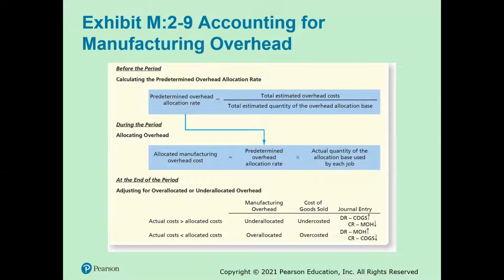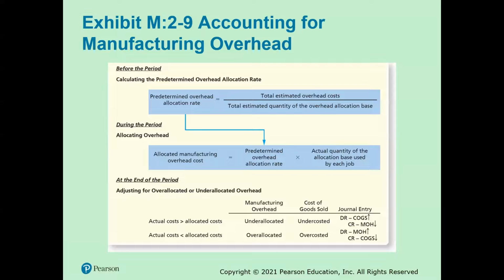Before the period, calculating the predetermined overhead allocation rate: the predetermined overhead allocation rate equals the total estimated overhead cost divided by the total estimated quantity of the overhead allocation base. And that's a lot to remember.